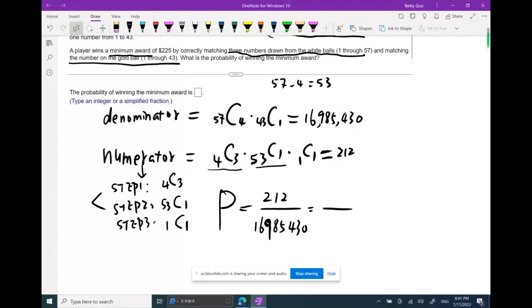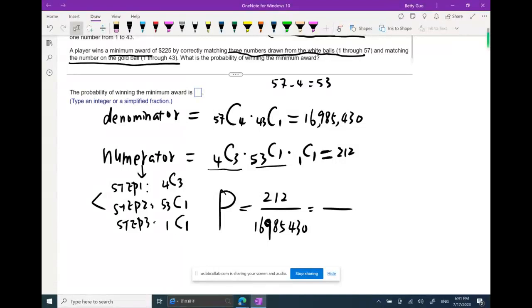If you manually reduce, that is also fine. You start by dividing both top and bottom by 2, because we can see they are even, and little by little simplify.